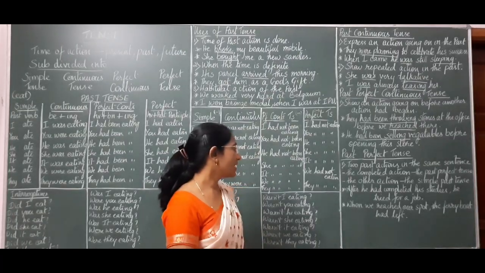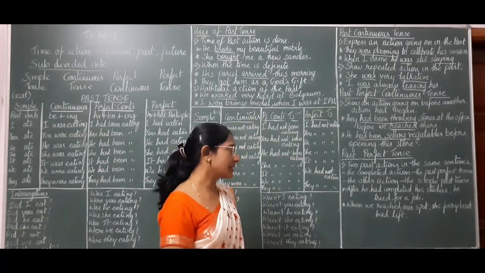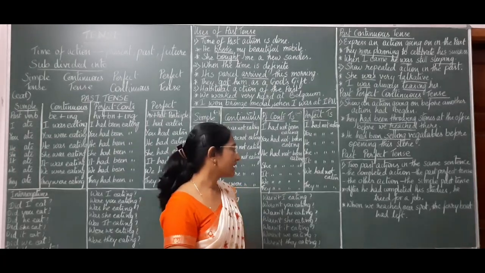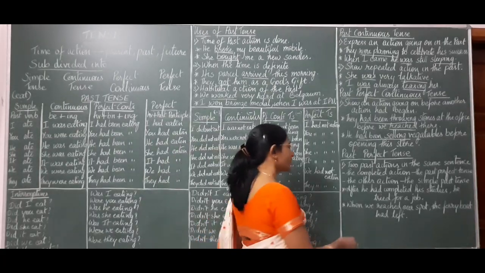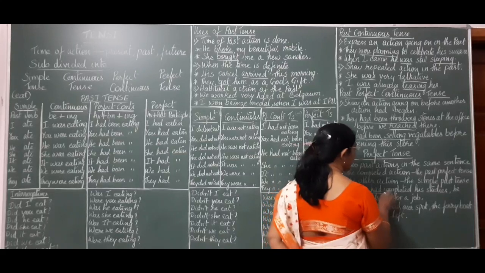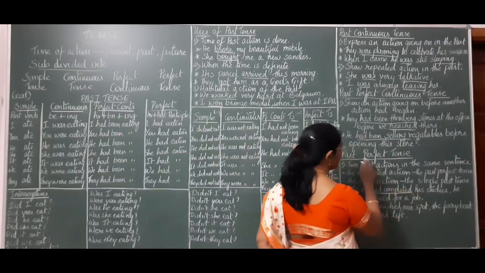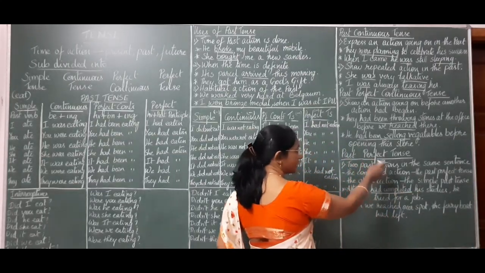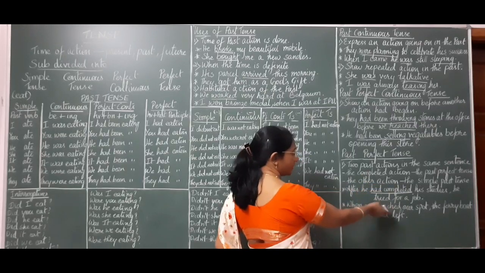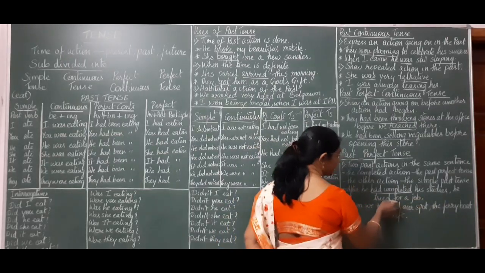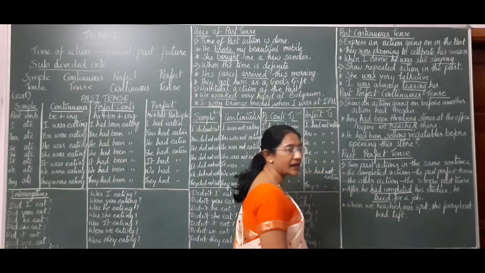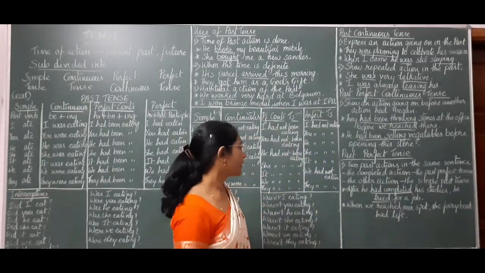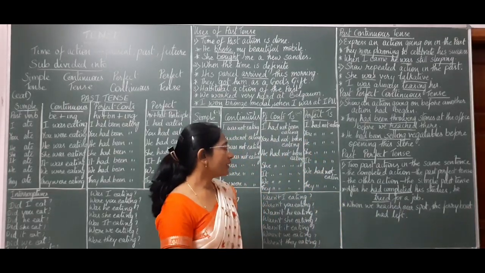For example, after he had completed his studies, he tried for a job. Had completed denotes the past perfect tense. The next action is a simple past tense. Tried for a job.